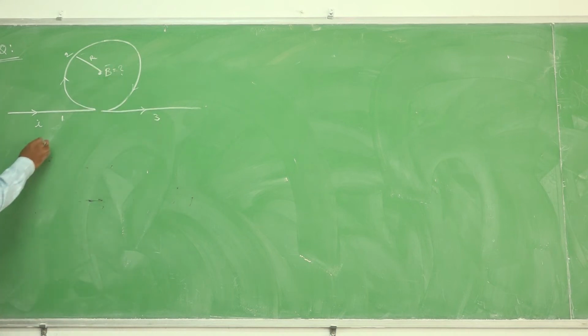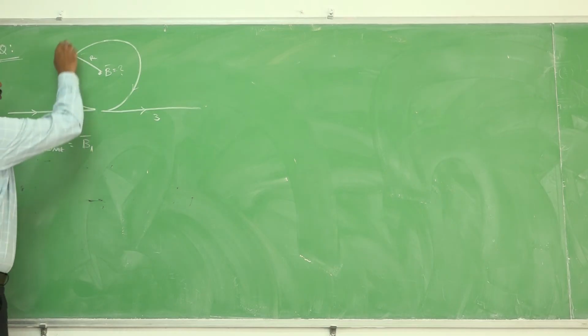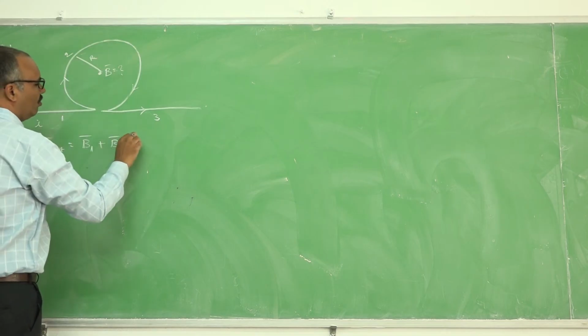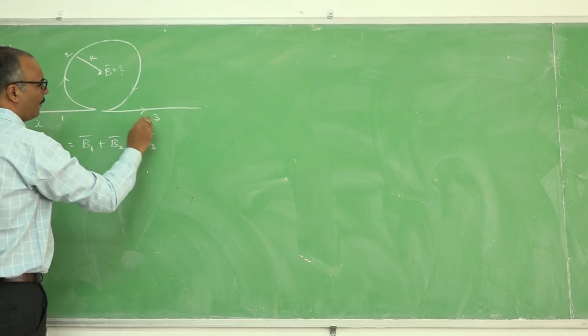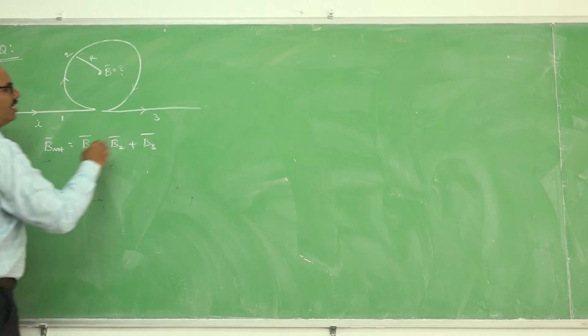So net field at the center means field due to the first straight wire, field due to the second circular wire, and field due to the third straight wire. So net field means field because of the 3 elements we should consider. If you observe clearly, this is an infinite wire extended up to infinity this side. It is also extended up to infinity.